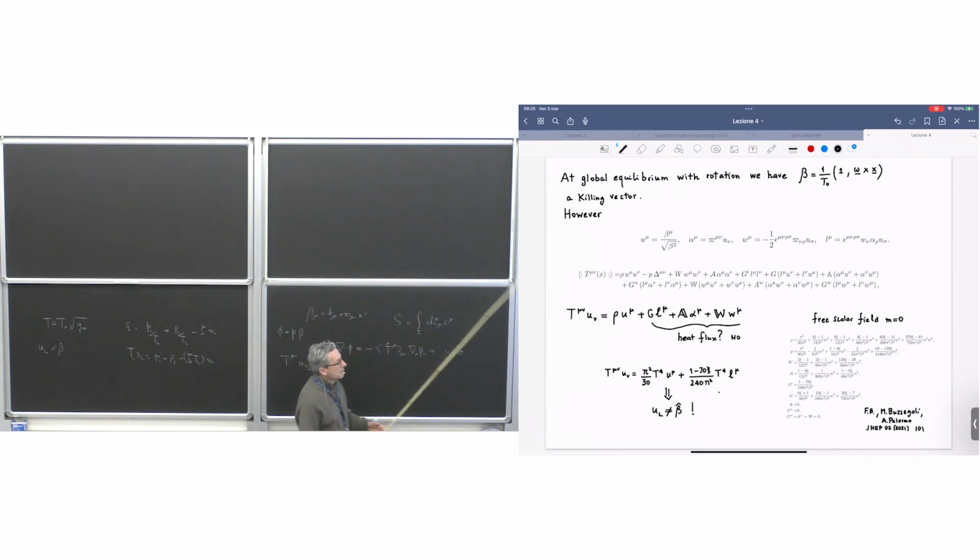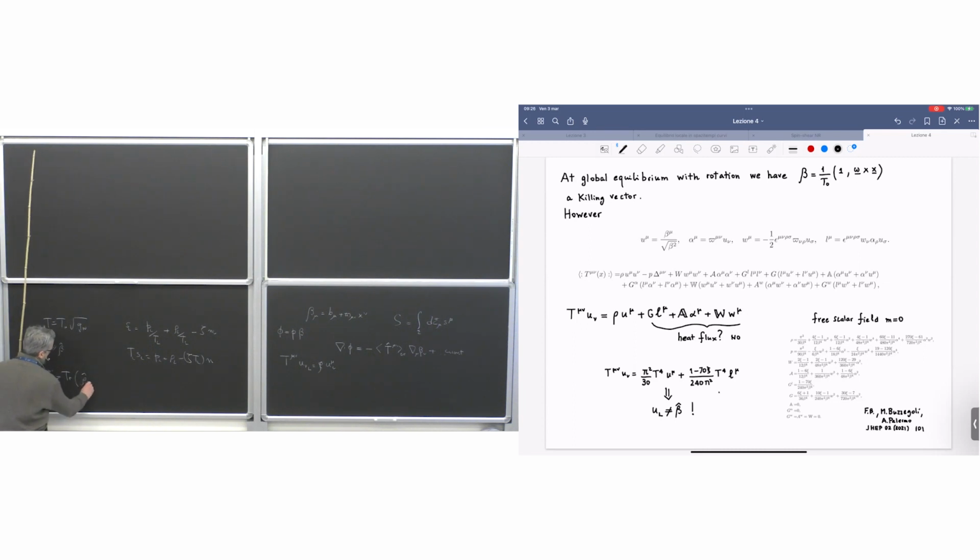So you can calculate the mean value of the stress energy tensor with this Killing vector. So you can calculate T mu nu equal trace, and then we have rho global equilibrium T mu nu x. Let's put this normal ordering in order to avoid divergences, if it is a free field, okay, and this is equal to E minus B in general.